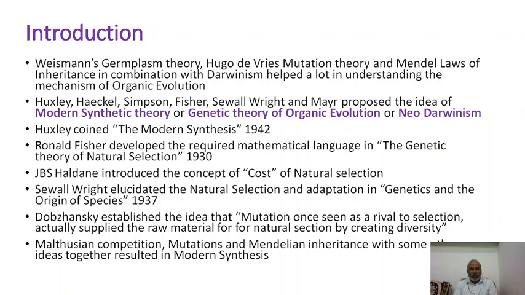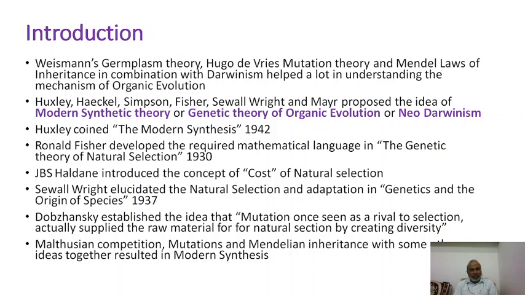So that may not be the correct one to understand. All the ideas of Charles Darwin, Gregor Johann Mendel, and certain other scientists are mingled to prepare a theory of evolution, and that is known as modern synthetic theory.